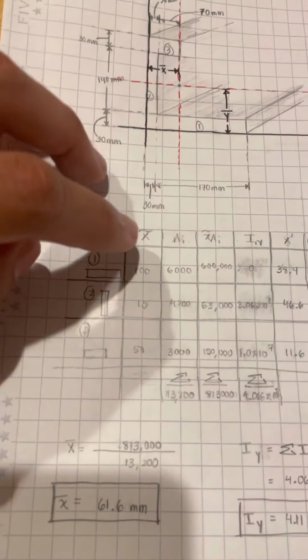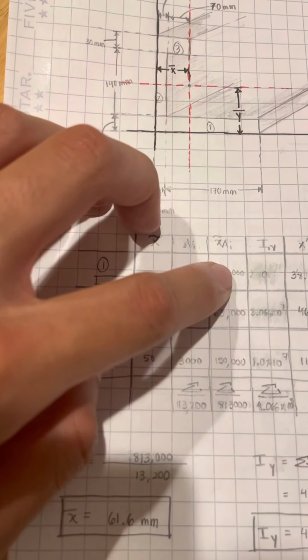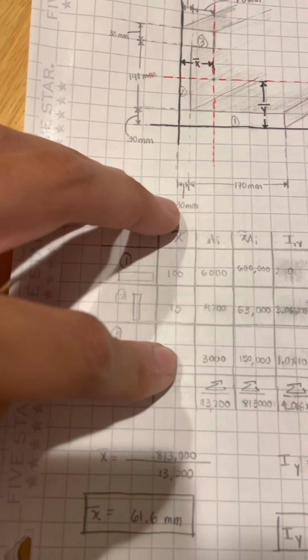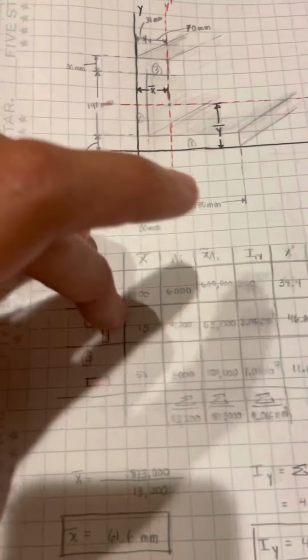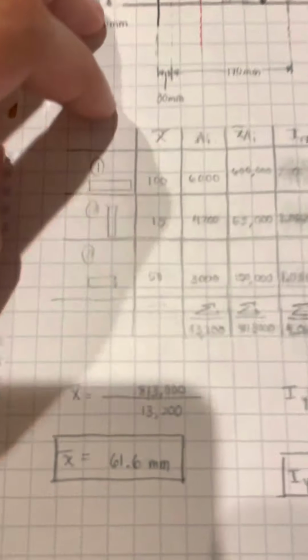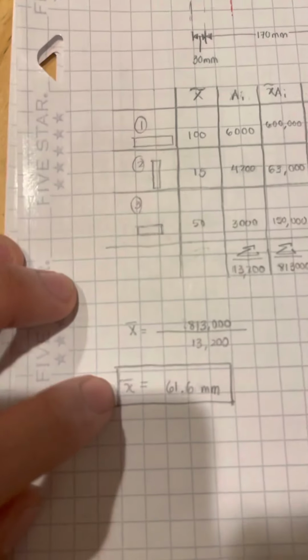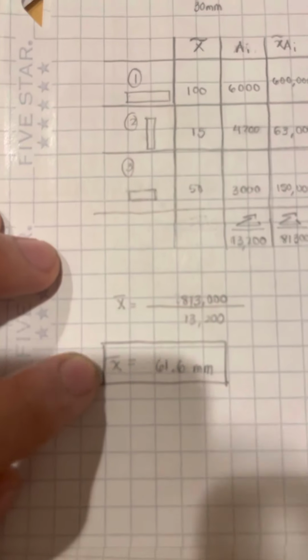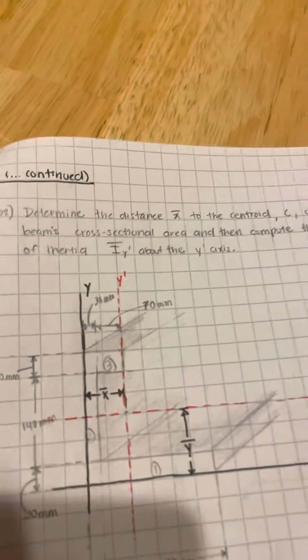You don't take all of these numbers and add them and then compute that area. You take them individually and then you sum them. So then that's how you get this, which I believe is the distance to the centroid, which is the first part of the problem.